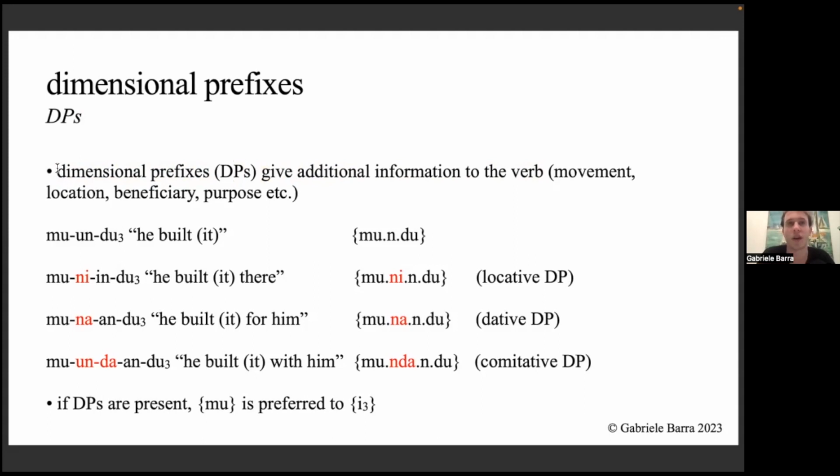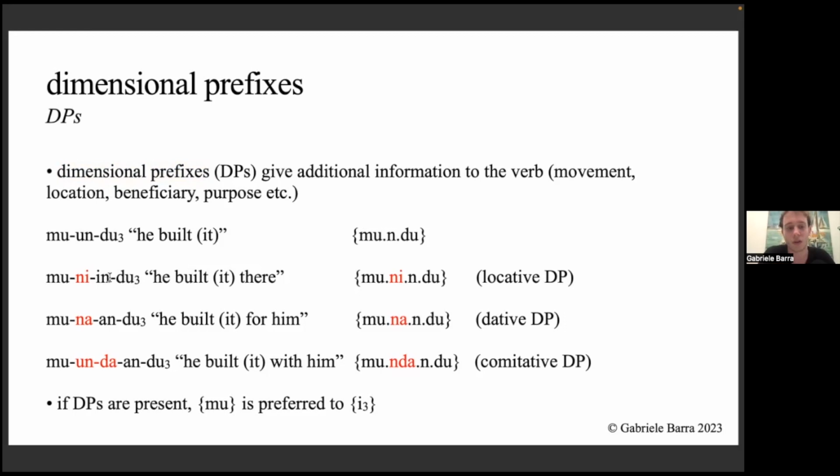Because again, grammatical cases can only be used with nouns, and they never appear with verbs. So it is basically a way of indicating purpose or the dative beneficiary, location, etc., inside of the verb when it is necessary.